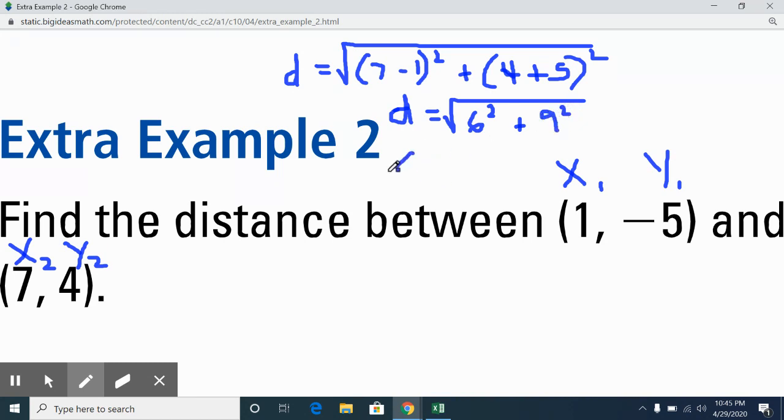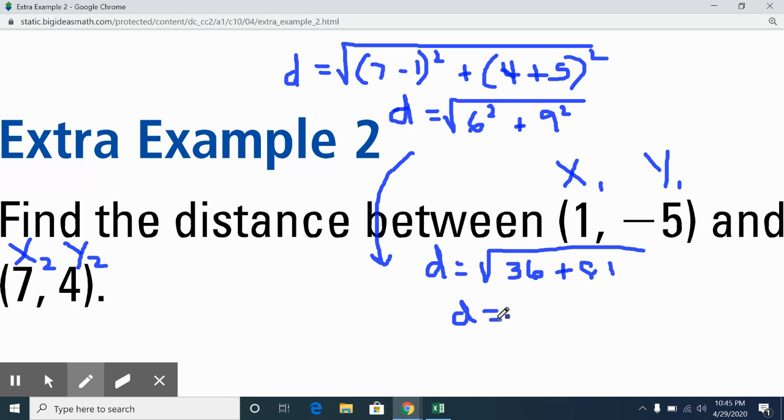My next step: I'm going to square these numbers now. So it's the square root of 36 plus 81. My distance is going to be 36 plus 81, which gives me 117.